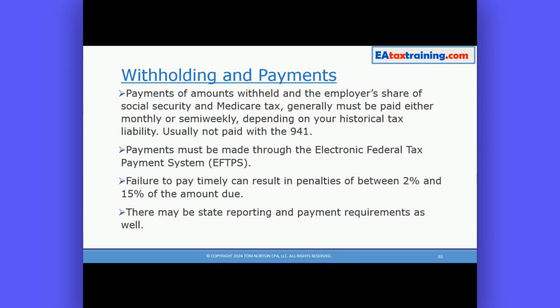These payments are made through the Electronic Federal Tax Payment System, or EFTPS. If you don't file on time, it can result in penalties of between 2% and 15% of the amount due. And then there also may be state reporting and payment requirements as well. Again, the EA exam is covering federal reporting and payments, but it's just letting you know you could have similar reporting and payments with the states as well.